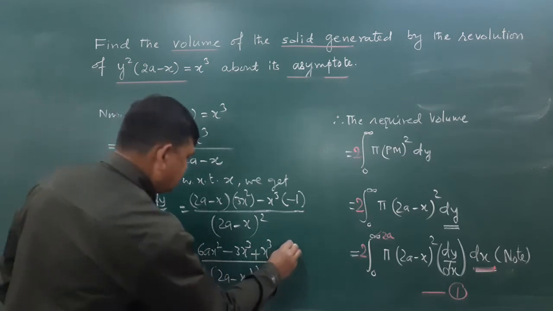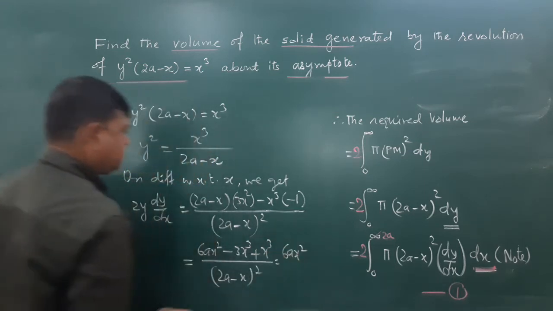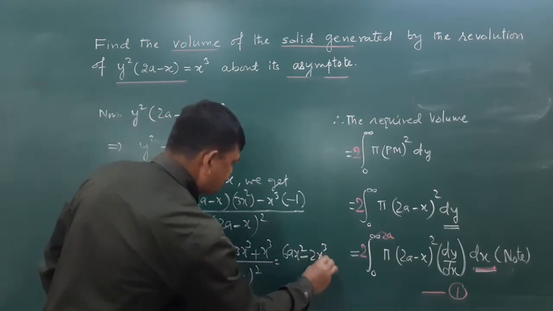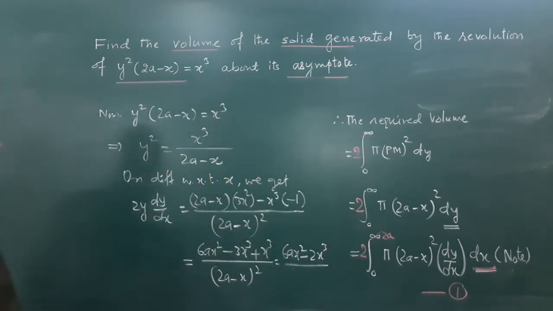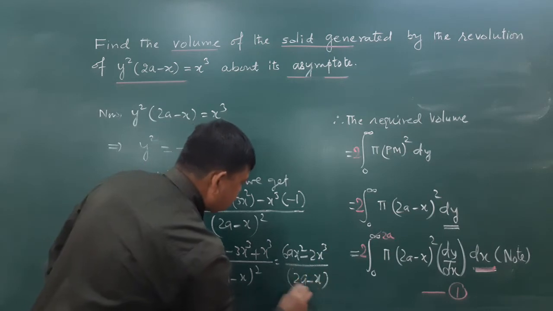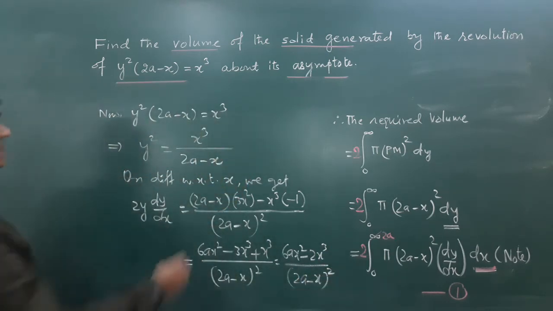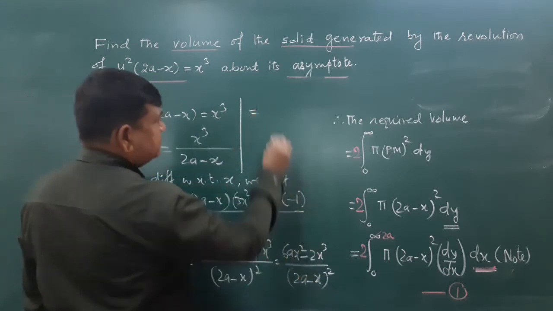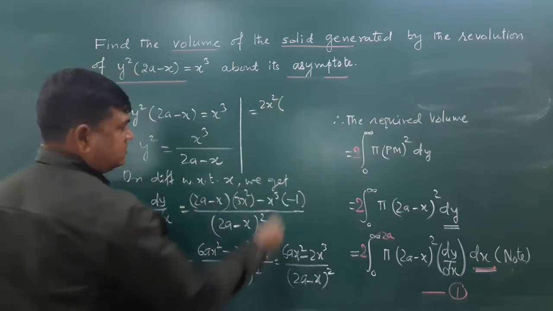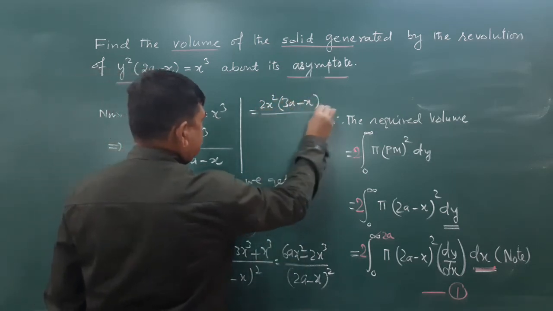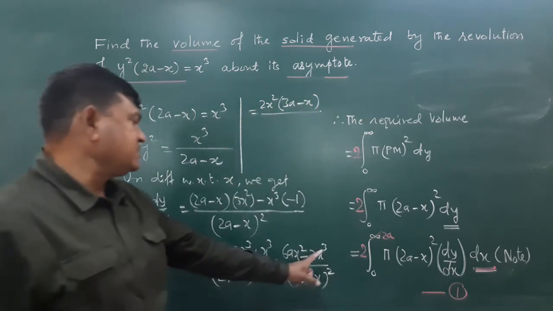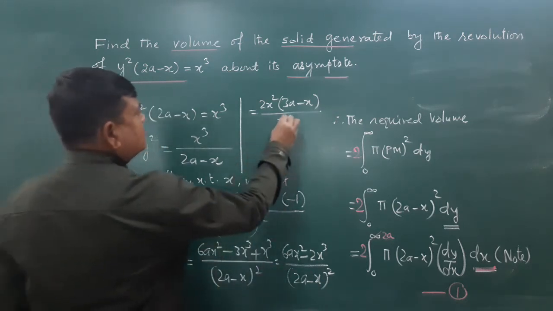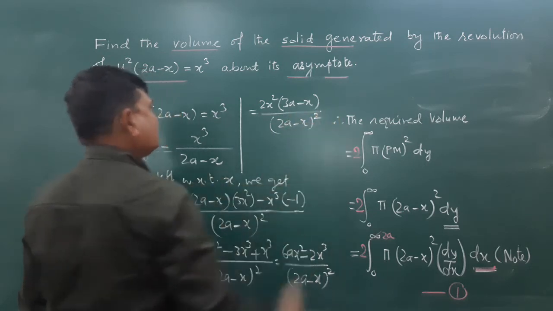Okay, so this is 6a x square minus 3x cubed, so it is minus 2x cubed, over 2a minus x whole square, equals 2x square is common, that is 3a minus x. 2x square is common. So yes, it is 6a x square minus 2x cubed upon 2a minus x whole square.